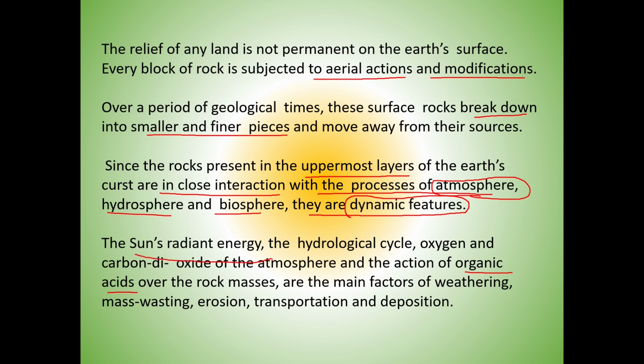The sun's radiant energy we are talking about is the insolation of the sun's energy, which is falling on the surface of the earth, and the layer of the rock which is exposed to the sun's energy, or the hydrological cycle which is experienced on the surface of the earth, especially the outer layer of the rocks, which is exposed to the air's oxygen or carbon dioxide. They are subjected to weathering.